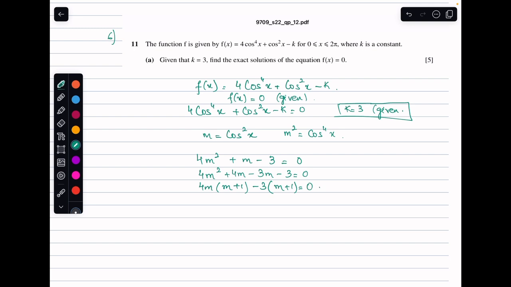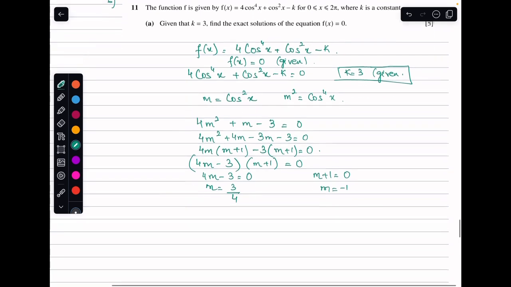So it's 4m minus 3 and also m plus 1, which then shall be equal to 0. So from here, I can say 4m minus 3 equals 0 and m plus 1 equals 0. Or m here will be equal to 3 by 4, and m here will be equal to negative 1.